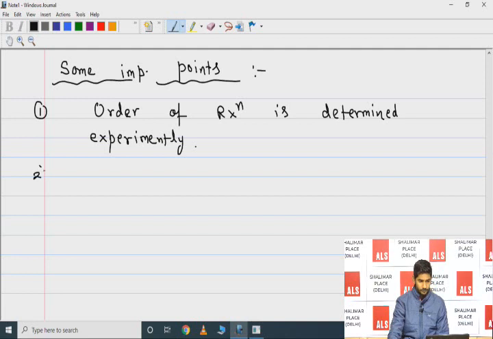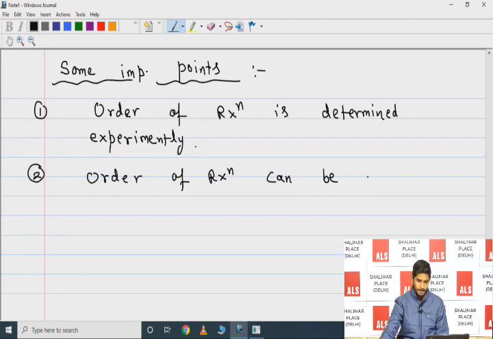Next, order of reaction can be positive, negative, zero, or fractional.